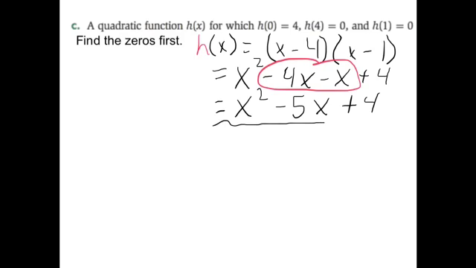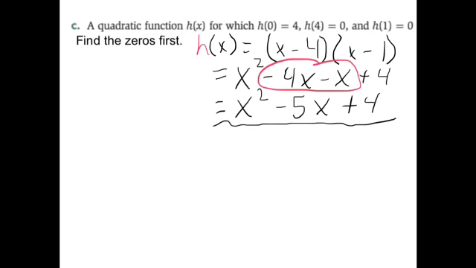This right here is a quadratic expression in standard form, which is what we're looking for. We figured out what the zeros are, but we've got another constraint here, another requirement. We know that when we plug in 0 for x, we have to get out 4. And this one's easy, because if I put in 0 here for this x squared and 0 here for this x, this is 0 plus 4.